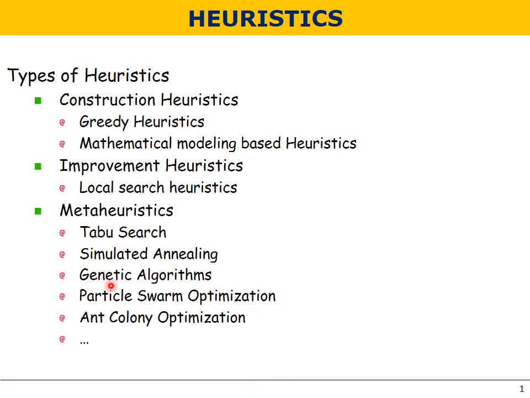And another algorithm which is inspired from the environment and evolution, called genetic algorithms. Also, there are particle swarm optimization and ant colony optimization, and there are tens, maybe hundreds of different types of meta-heuristics currently. In this course, we will talk about tabu search, simulated annealing, and genetic algorithms.